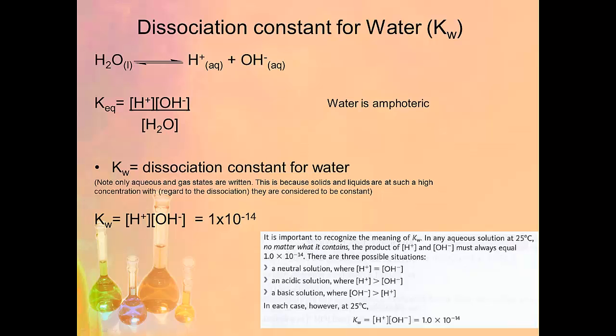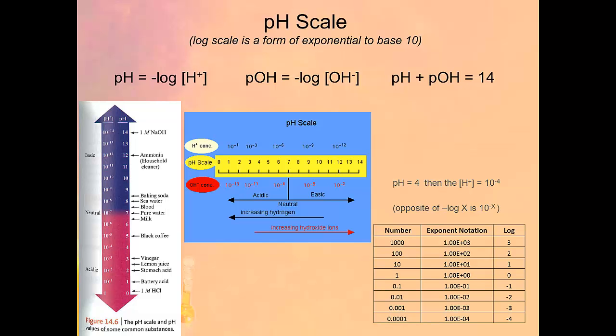This 1 by 10 to the minus 14 is an important number for us though, because this defines the pH scale. This is the reason why the pH scale ranges from 0 to 14. The pH scale is a log scale. You've probably heard of pH before, so you're probably aware that a pH of 7 is neutral, below 7 is acidic, above 7 is a basic pH.